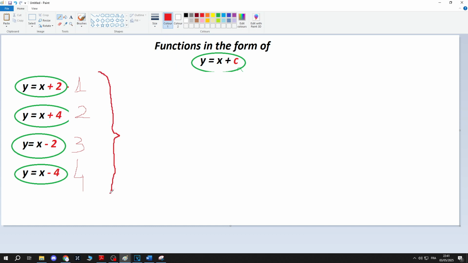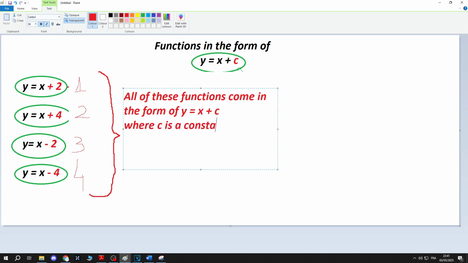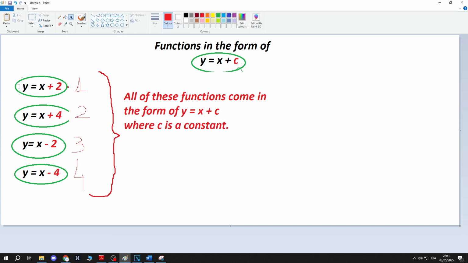Well, we can say that all of these functions come in the form of y equals x plus c, where c is a constant. Okay? So c could take on different things. Plus 2, plus 4, minus 2, minus 4, plus a billion, minus a billion. It does not really matter as long as it's in this form.